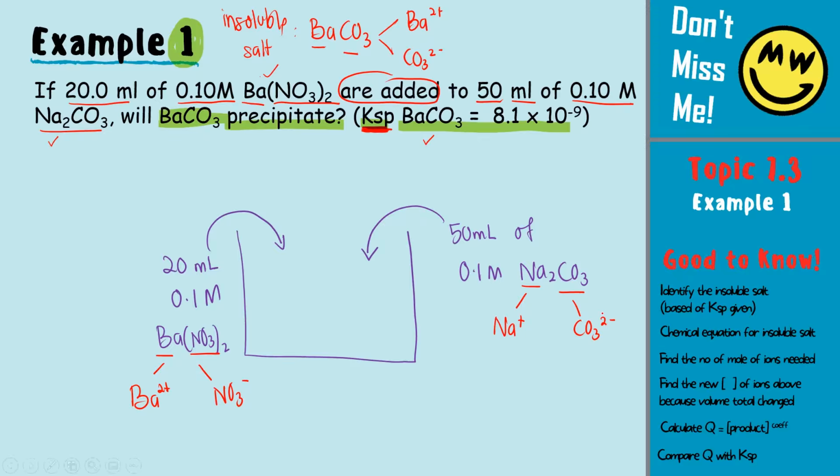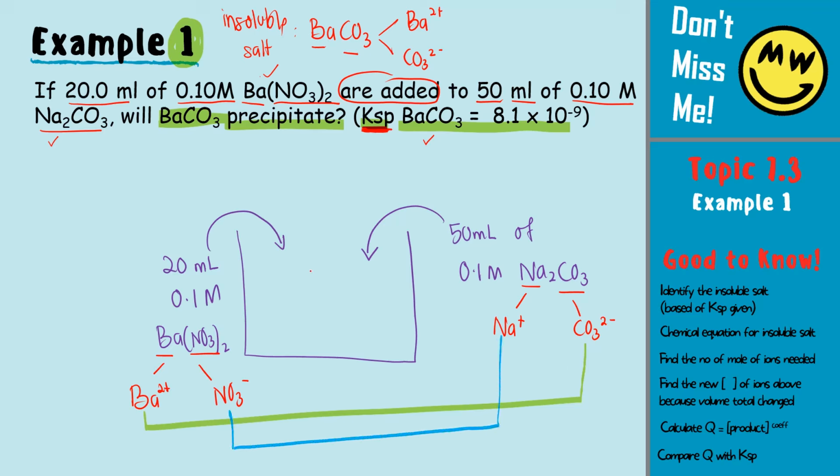So what will happen is, we will have the changes between the cation pairing and the anion pairing. So the barium 2 plus will then be partnered with the CO3 2 minus, and the nitrate will then be pairing with the sodium. So when they're in the beaker having your barium 2 plus and your NO3 minus and also your sodium plus and CO3 2 minus, they will exchange the cation and anion, forming your barium carbonate and also your sodium nitrate, okay?